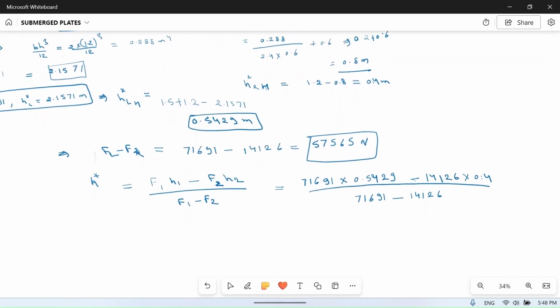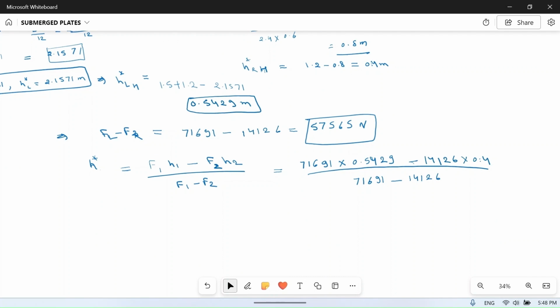If you calculate this, you will get 0.578 meter. Okay, this is the distance from the hinge. So the actual center of pressure, which is resultant, will be 0.578 meter above the hinge.